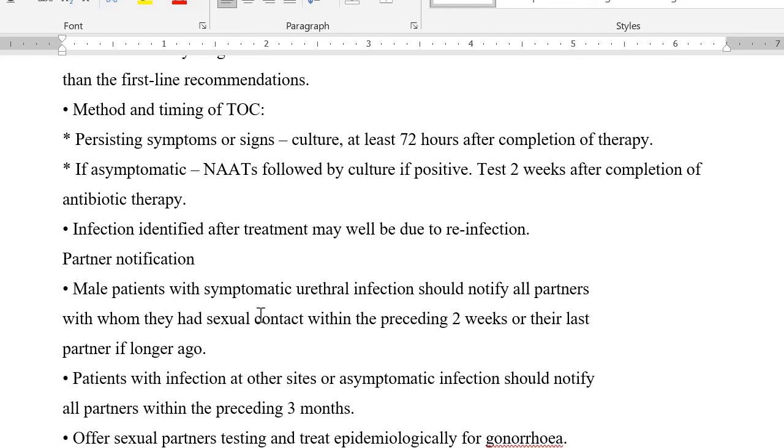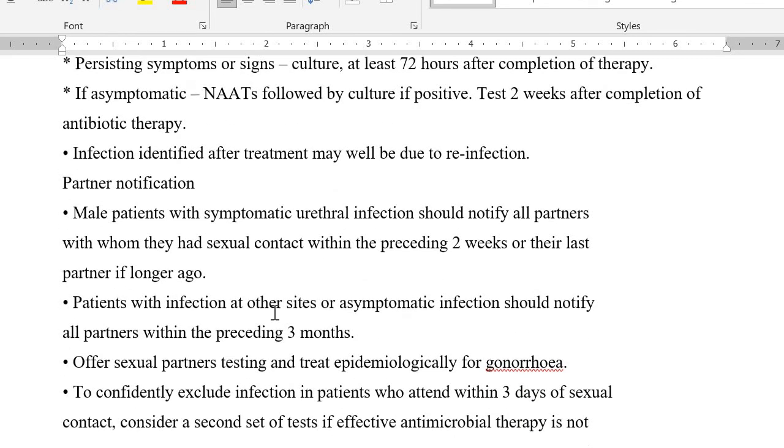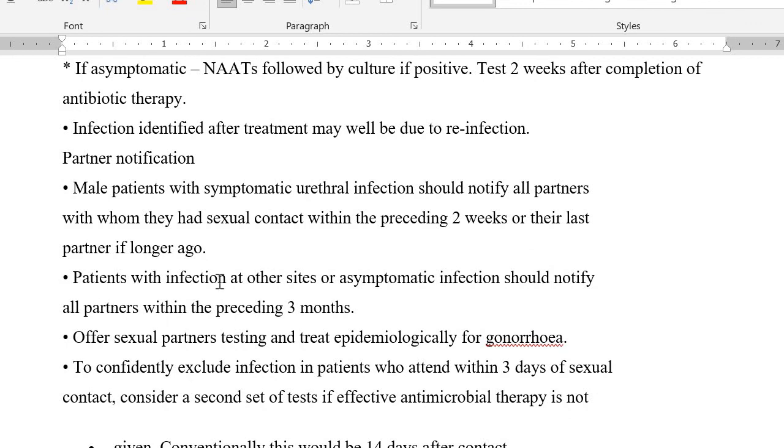Male patients with symptomatic urethral infections should notify all partners with whom they have had sexual contact within the preceding 2 weeks, or their last partner if more than 2 weeks ago. Patients with infection at other sites or asymptomatic infections should notify all partners within the preceding 3 months. Offer sexual partners testing and treat epidemiologically for gonorrhea.